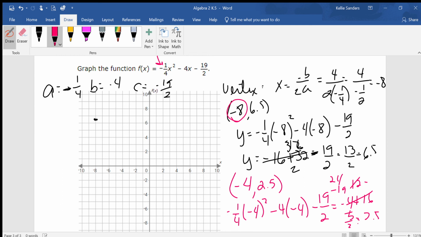So -4, 2.5. A was negative, so it should be going down, and it's going to go down like that.